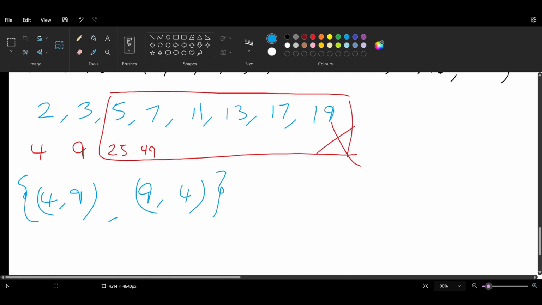The reason I'm saying this is because we considered the squares of two primes, and what did we get? The smallest set had two elements that did not have a prime. If we want to make the set bigger than this, we need to add a prime.